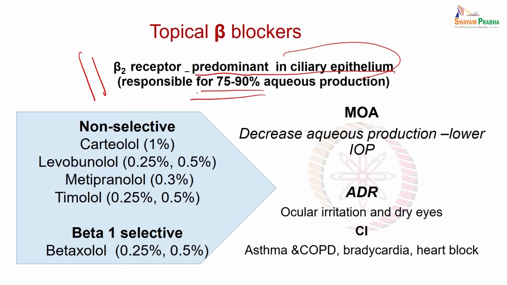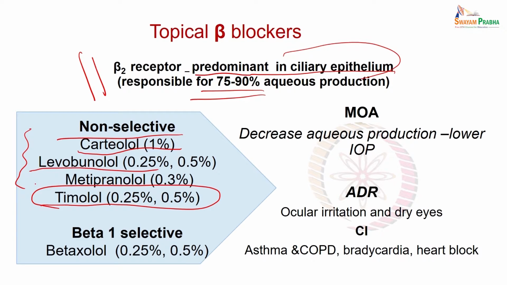There are certain agents which are used. One is a non-selective agent, carteolol 1%, levobunolol, and more commonly used is timolol. Timolol is the drug which is most commonly used, but has the limitation of repeated administration, 0.25% to 0.5%.